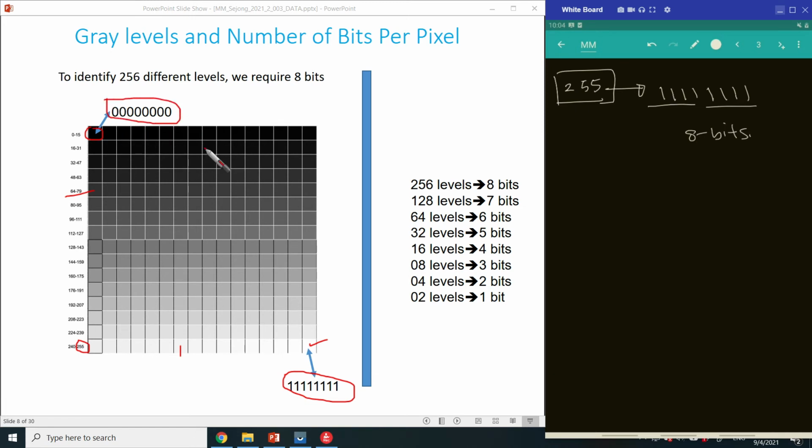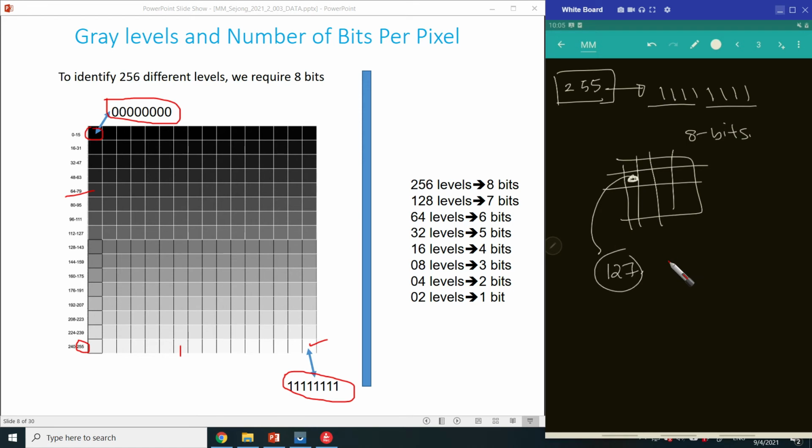That means we need 8 bits to store 1 pixel's information. Because if we randomly choose a pixel, we don't know which level it should be, it might be level 127.